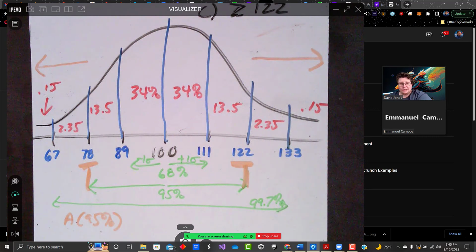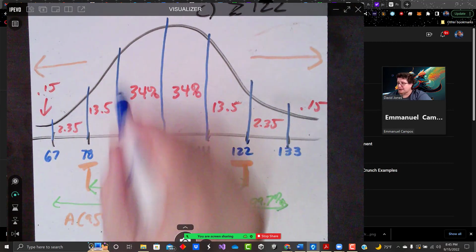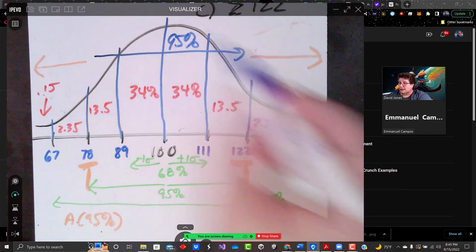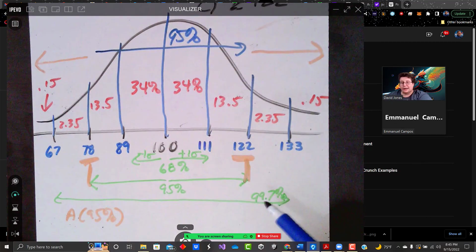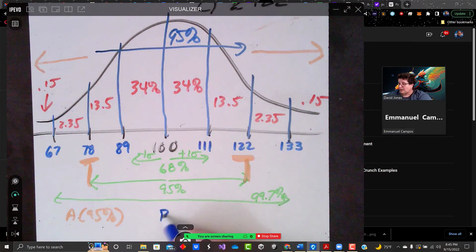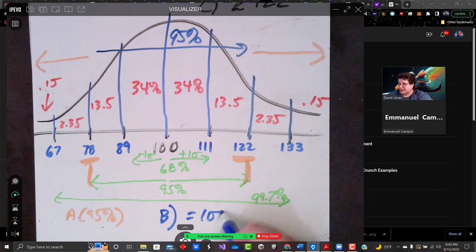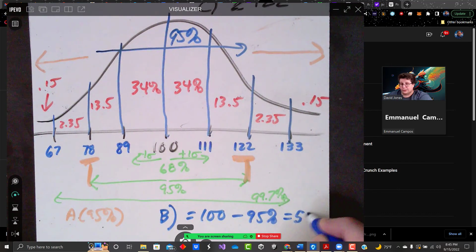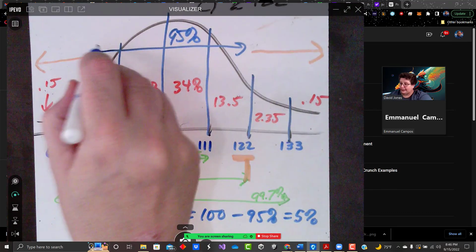Or we can use that complement rule we were just talking about. If I know this middle section is 95%, and the whole thing adds up to 100, B should be 100% minus the 95%, which is 5%. That's the complement idea.